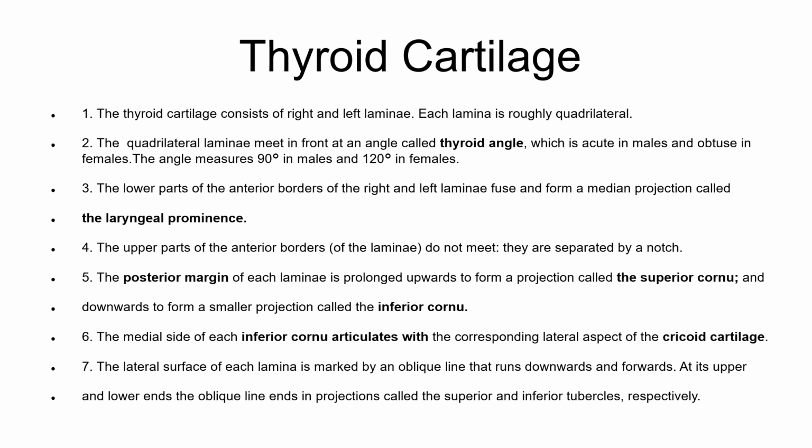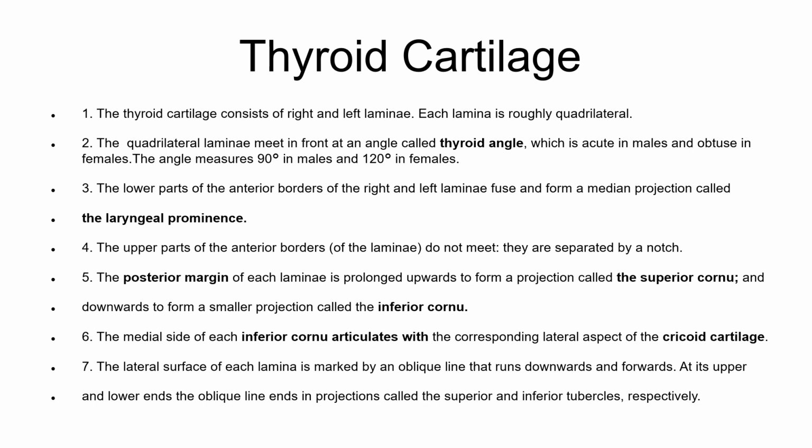Now the upper parts of the anterior borders of these laminae are separated by a notch, they don't meet each other, and the posterior margin of these laminae is prolonged. When it prolongs upwards, it forms a projection called the superior cornu.